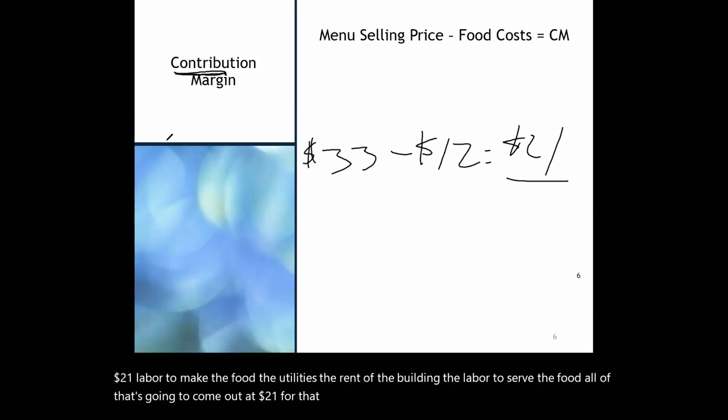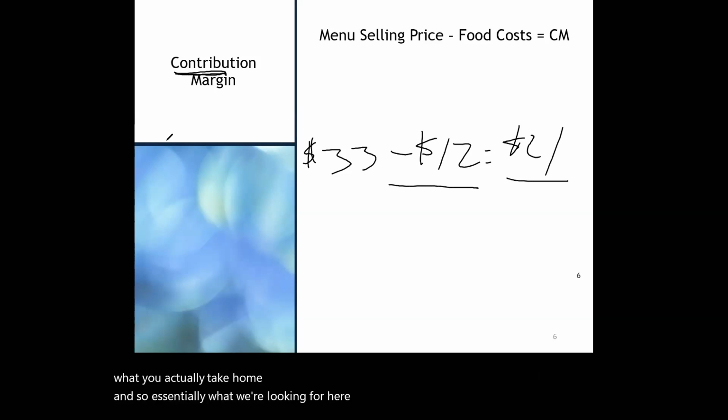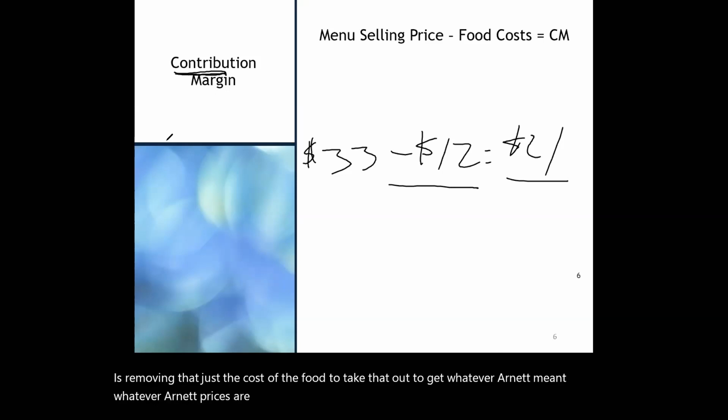And then whatever's left over is the net profit, what you actually take home. Essentially what we're looking for here is removing just the cost of the food to get whatever our net revenue per meal that we serve.